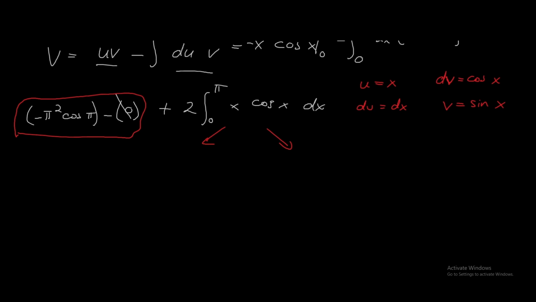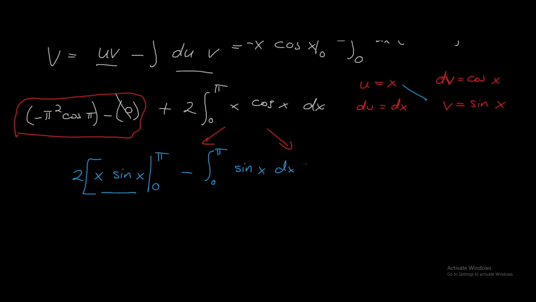And now we'll work out this other expression. So we have 2 times, remember this is u times v, so this is x times sine of x. We want to evaluate that from 0 to pi, minus the integral of v times du. So this will be the integral from 0 to pi of sine of x dx.